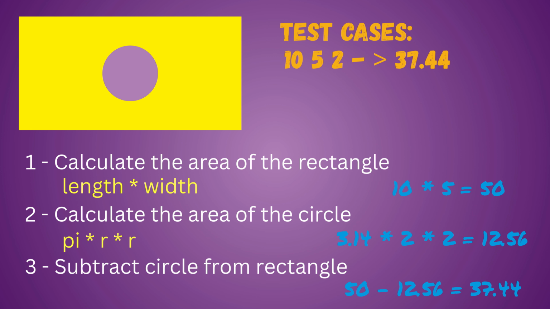Coming up with a test case has forced me to figure out those steps, and it also helps me know what variables I'll need. From this process, I see that I'll need variables for length, width, and radius, and I'll probably also need variables for the area of the rectangle and the area of the circle to store those calculations. And of course, I'll need a variable for the final answer.